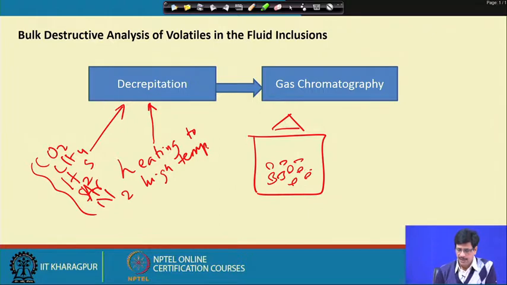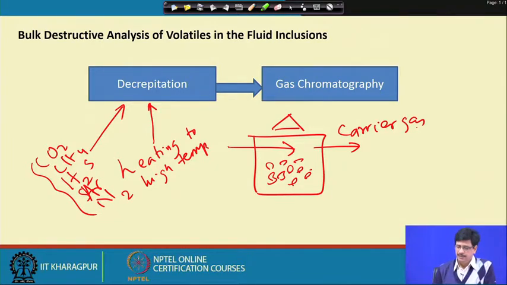Whatever volatile is released within this chamber can be carried with a carrier gas, and this carrier gas, along with the gases liberated from the decrepitation process, can be taken to a gas chromatograph to analyze the different gases.